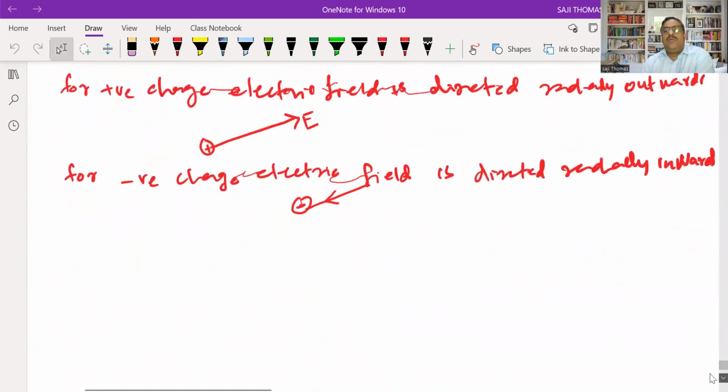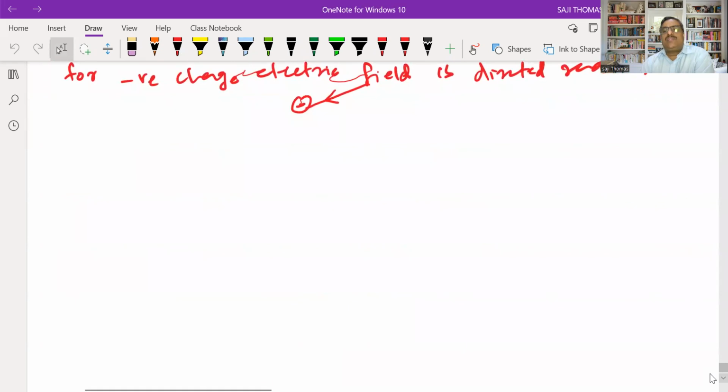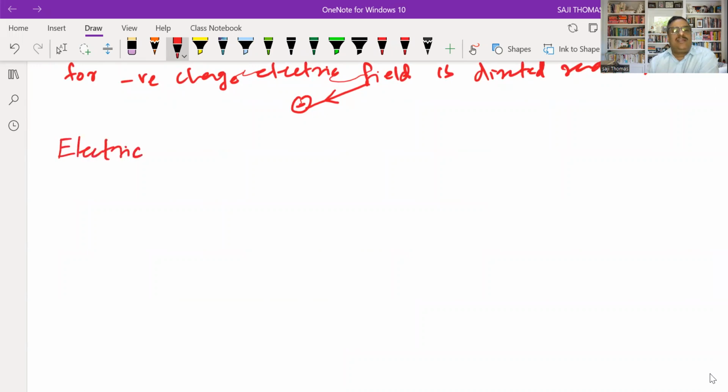We can derive an equation for electric field due to a point charge. So we are deriving the equation for electric field at a point due to a point charge.